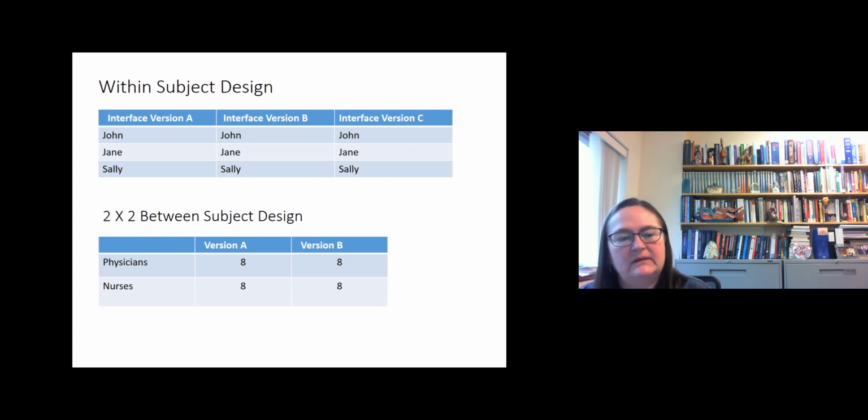In the between subject design, this is what I would call a randomized experimental design, where you have potential subjects and they're randomized to either see version A of a user interface or version B of a user interface.